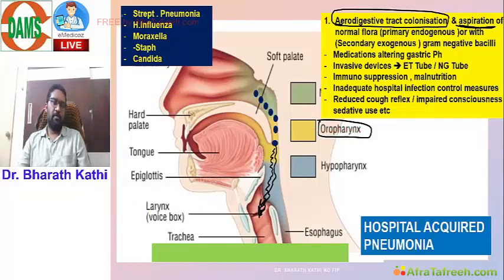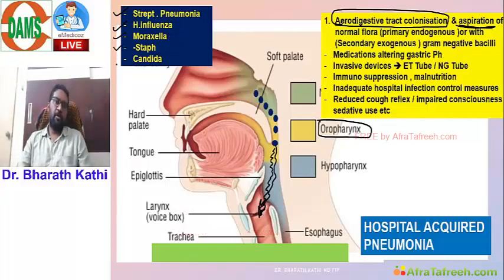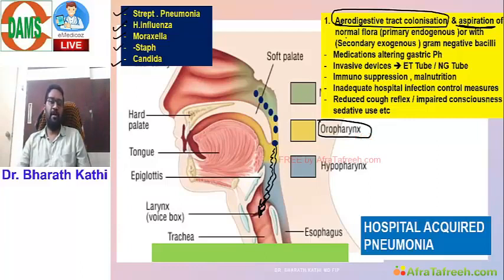Streptococcal pneumonia organisms, H. influenza, Moraxella, and a few staph which are generally sensitive, so methicillin sensitive staph, and also Candida. These organisms can aspirate because they are already residing in the oropharyngeal area.